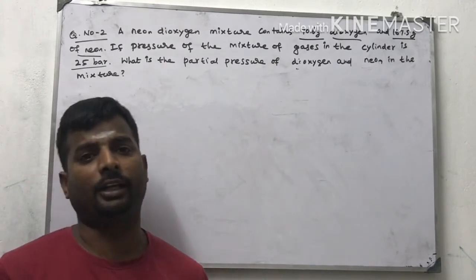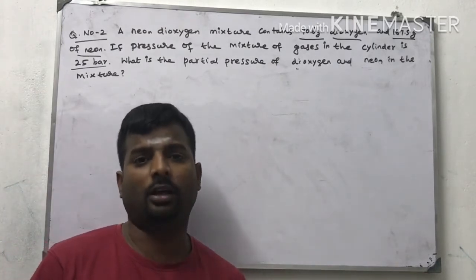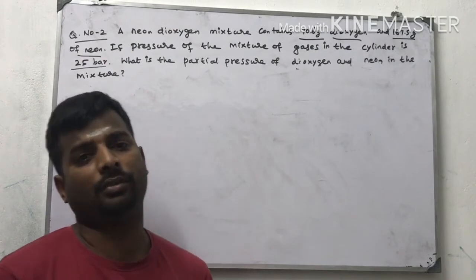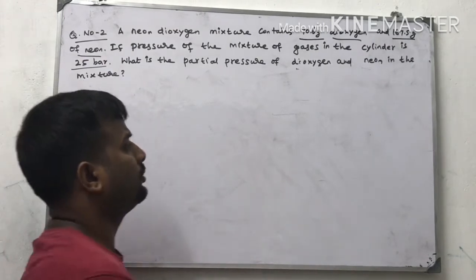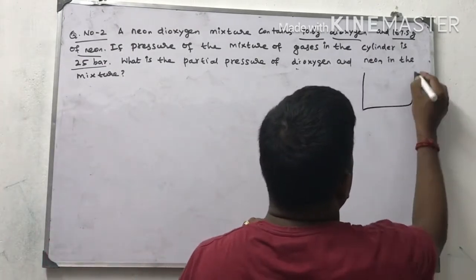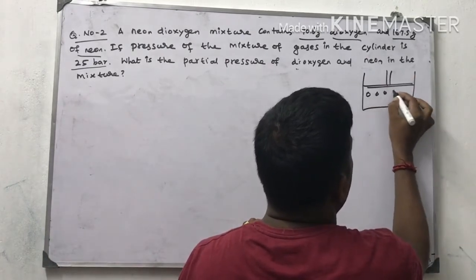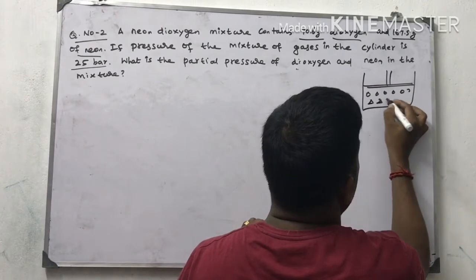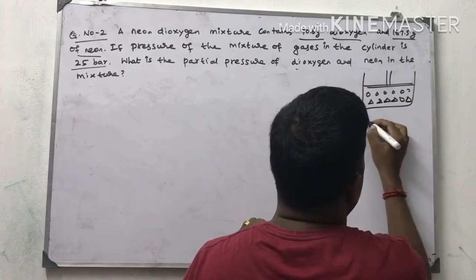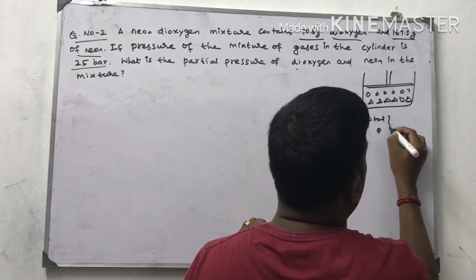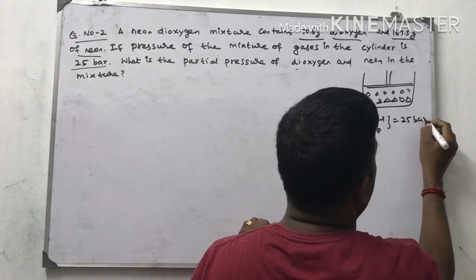We are going to find the partial pressure of dioxygen and the partial pressure of neon. Here this is a cylinder filled with two gases. One is neon, other one is dioxygen. Total pressure is equal to 25 bar.